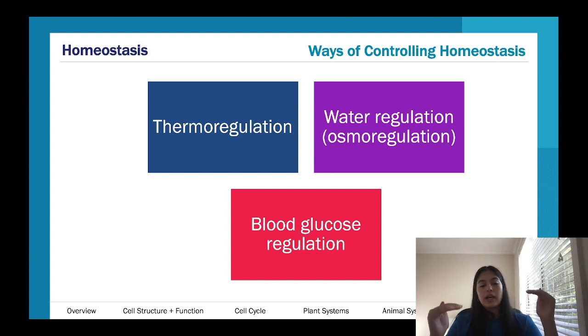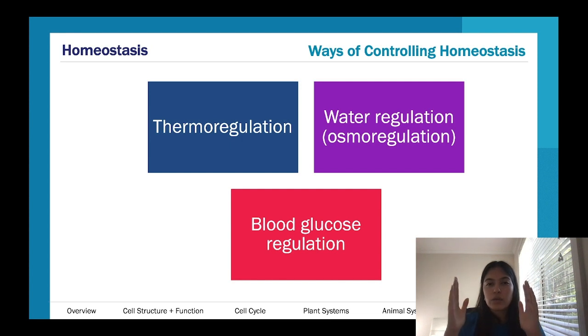Homeostasis is basically just this idea, if you break it down, of maintaining the body's right levels at all times. There's a narrow range within which the body can operate and function at its best. And homeostasis is all about making sure that we don't venture out of these limits.